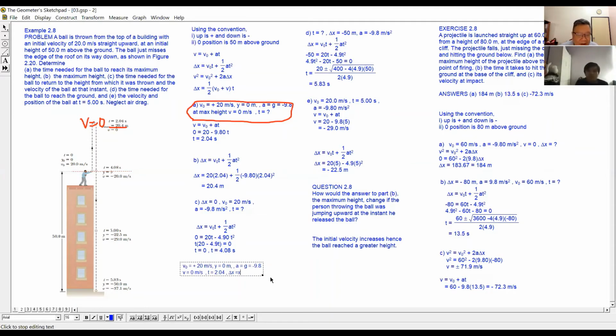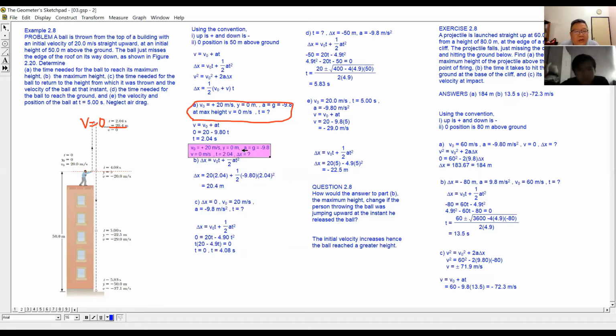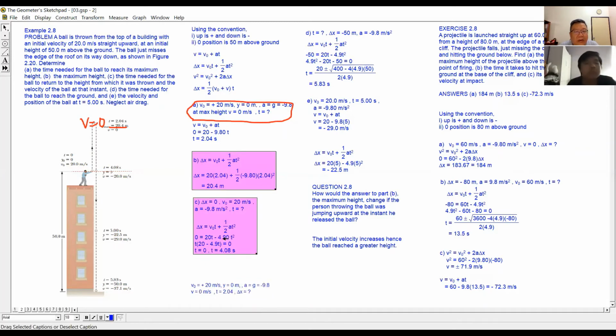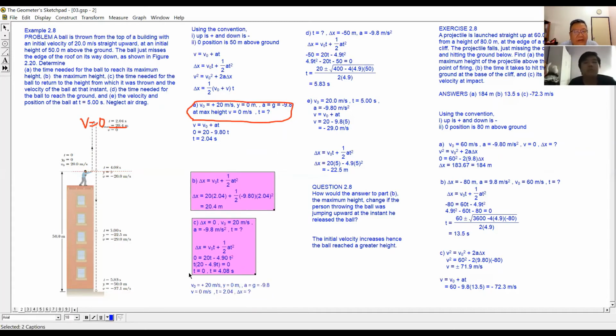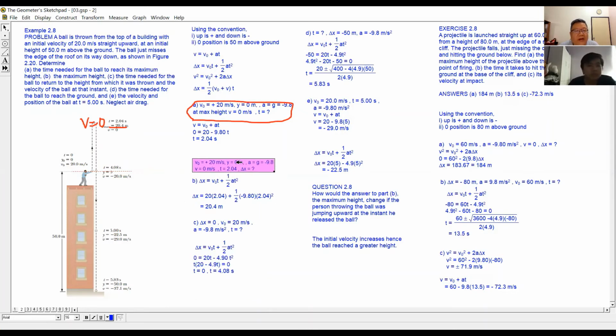Okay, we want to know the delta x. So now I move this down and put this up here. We are still talking about the same problem.